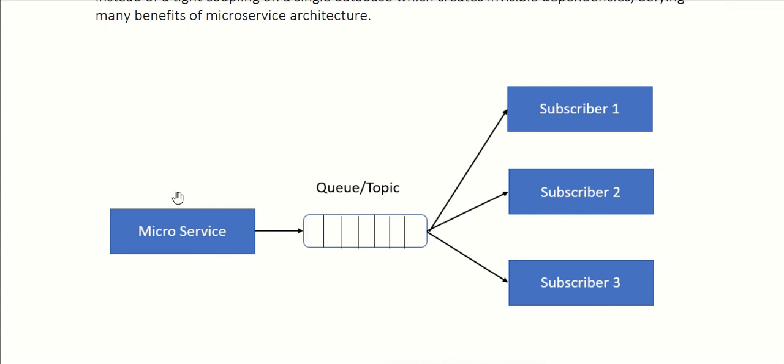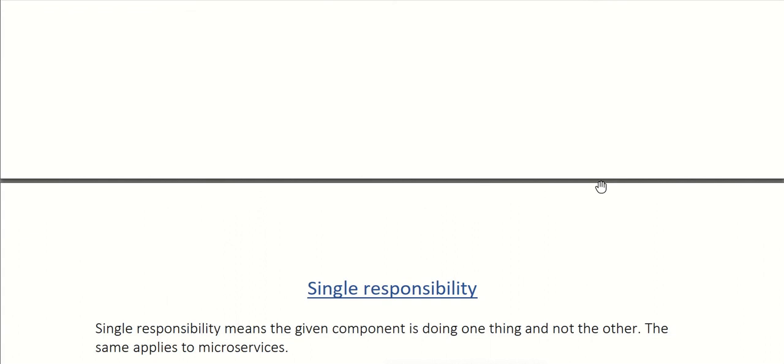The producer just has the responsibility of producing messages and putting them onto a queue or topic, and the subscriber or consumer will just read those messages and opt to take action or not, it's up to them.